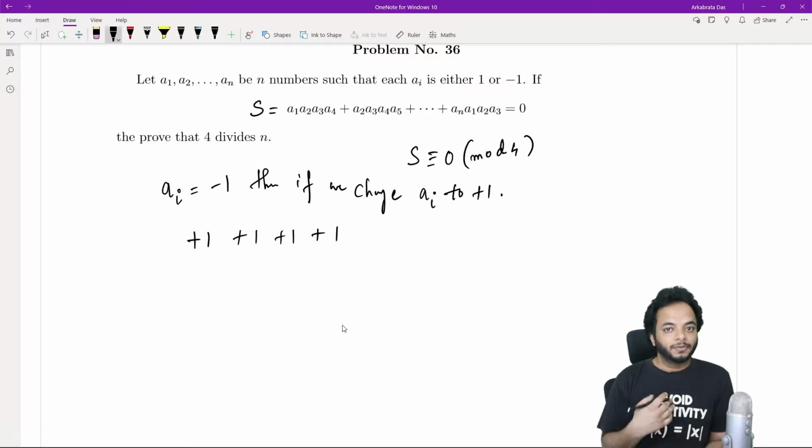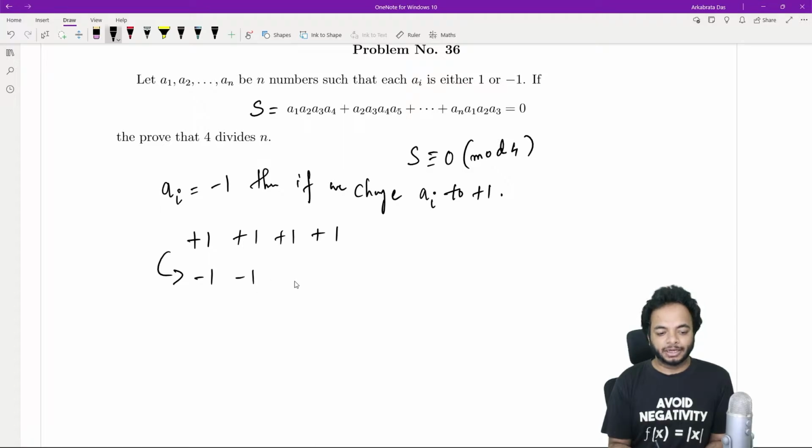Then when I change a2 to +1, I'm multiplying those products by -1 and nothing else. So all these get transformed into -1, -1, -1, -1. Under modulo 4, previously I had +4, which is 0, and now I have -4, which is also 0. Let's take this as case 1.